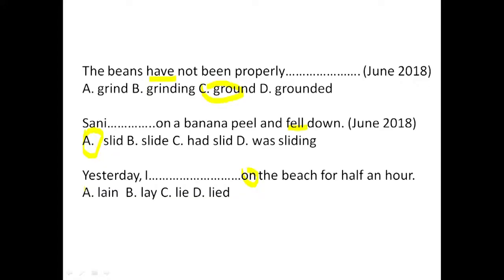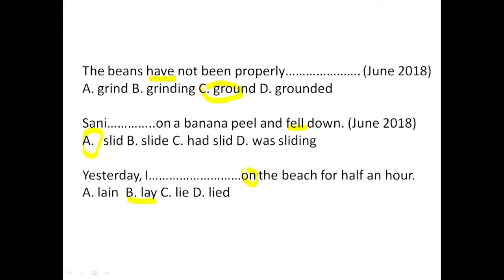So A, I lain. No, we will only use lain if we have has, or having or had. So A is out. B, past tense, I lay, is our answer. I lay on the beach for half an hour is correct.